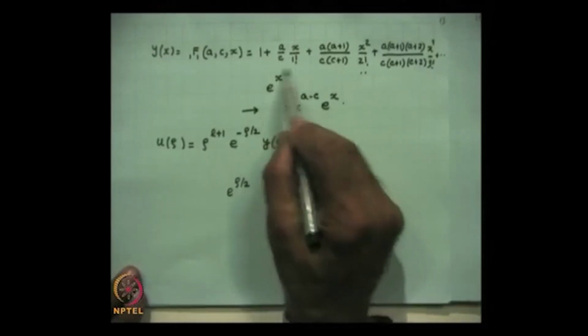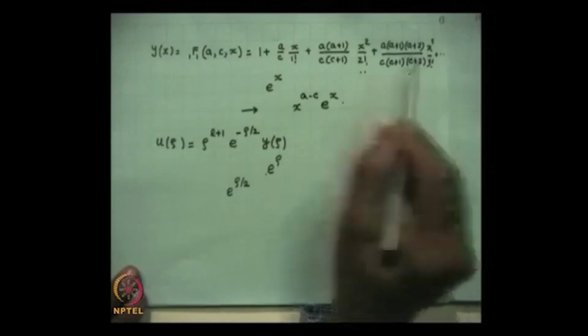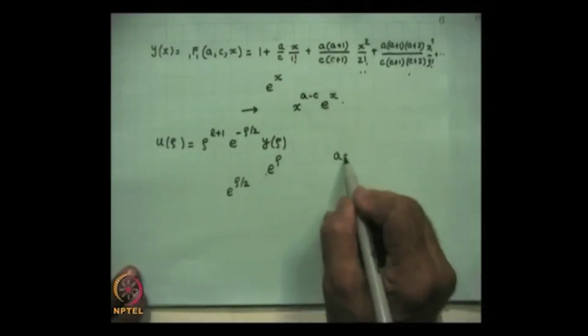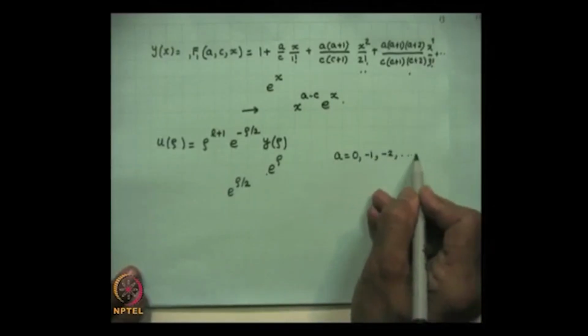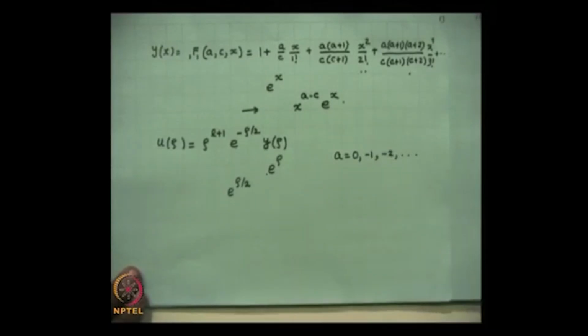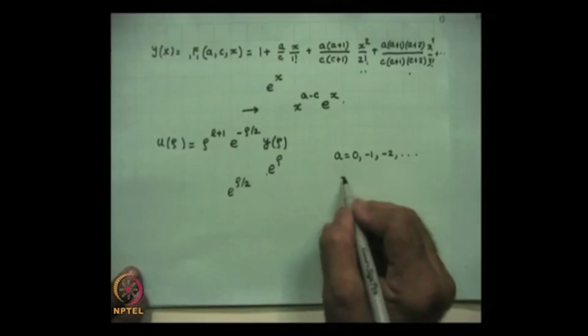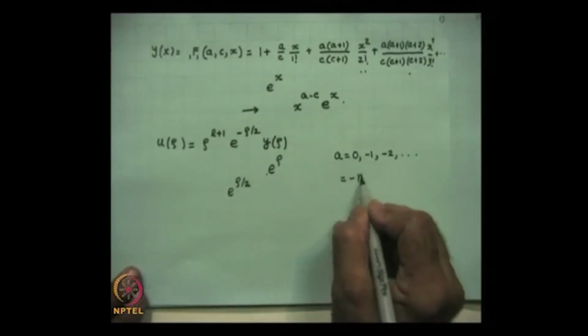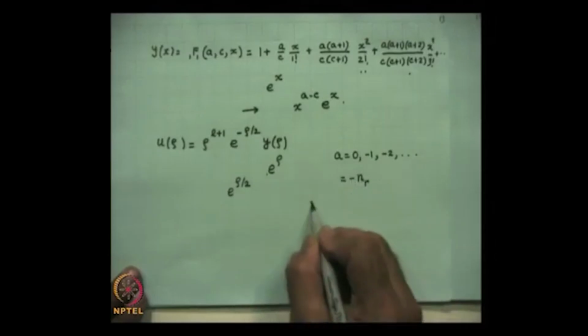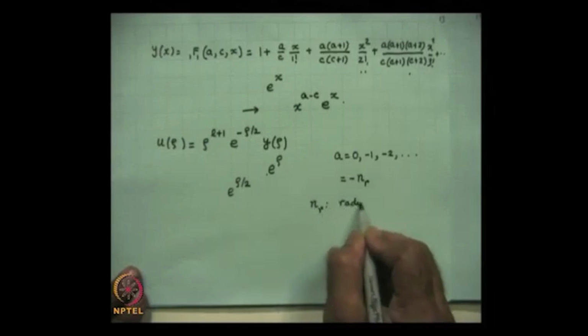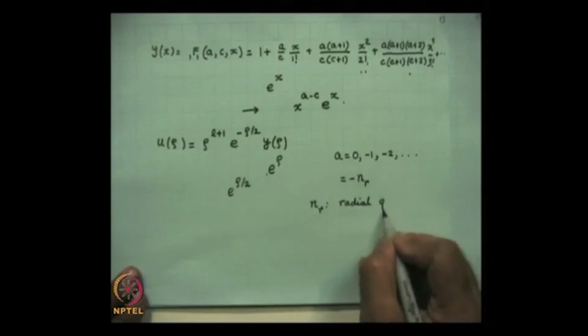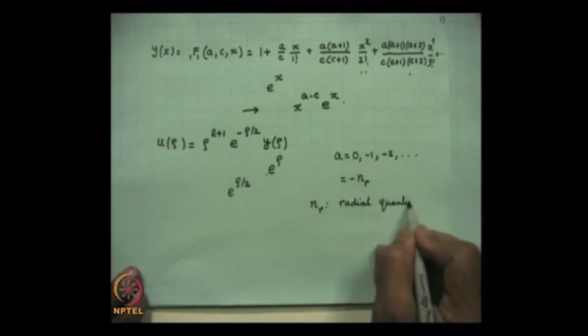So, the series can be reduced to a polynomial only if a is 0 or minus 1 or minus 2, etc. So, we put this as minus n_r, where n_r is known as the radial quantum number.